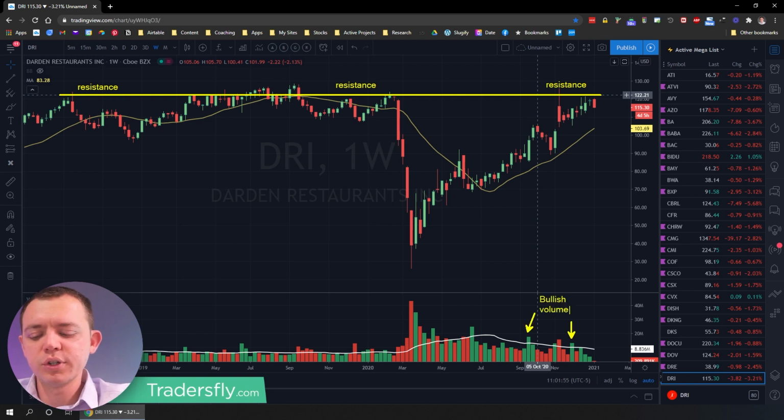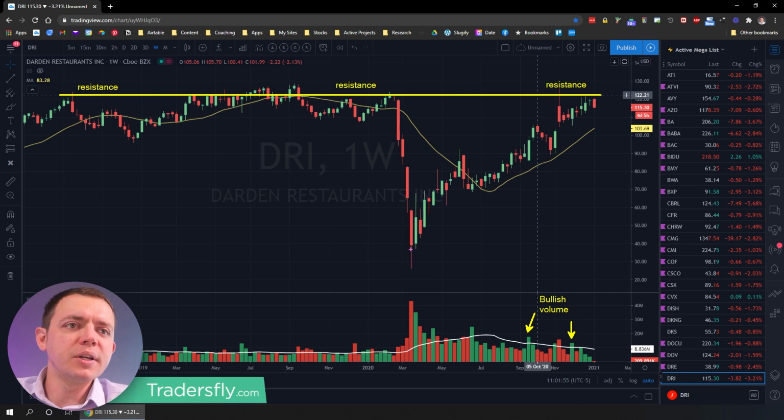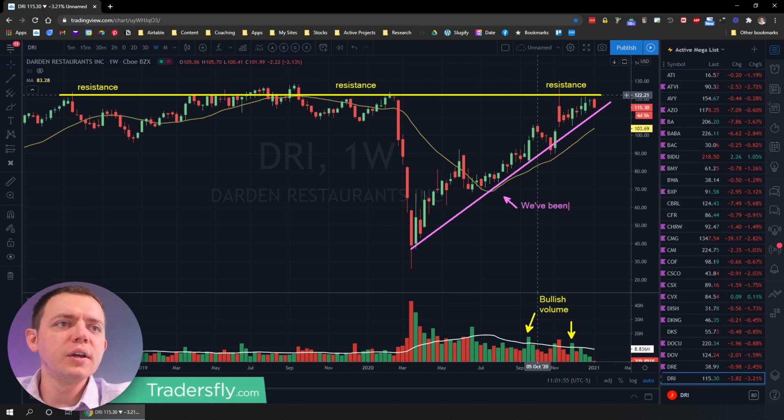If you notice the bullish volume, it is there, but the thing that does concern me a little bit is here. We've been moving up quite quickly with this stock, and you are right at resistance, and because of that, a pullback could happen, and a strong one for that matter.